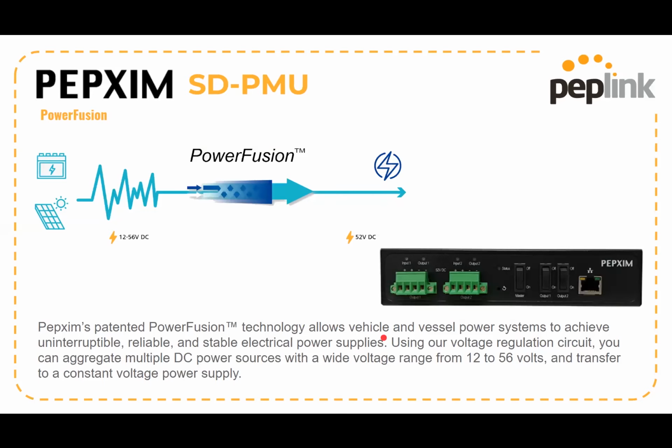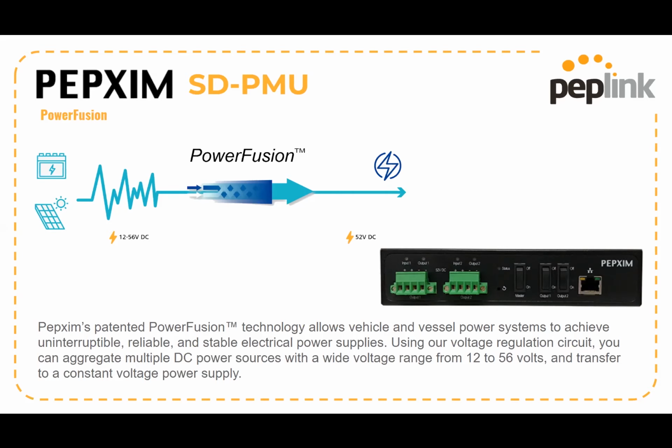Well, let's look at the PMU to see what it can do. The PMU is a standalone device that you can access from the cloud. So what is it? It's a power management unit. Pepxim's patented power fusion technology allows vehicles and vessels to aggregate power systems to provide uninterruptible, reliable, stable electrical power circuits.